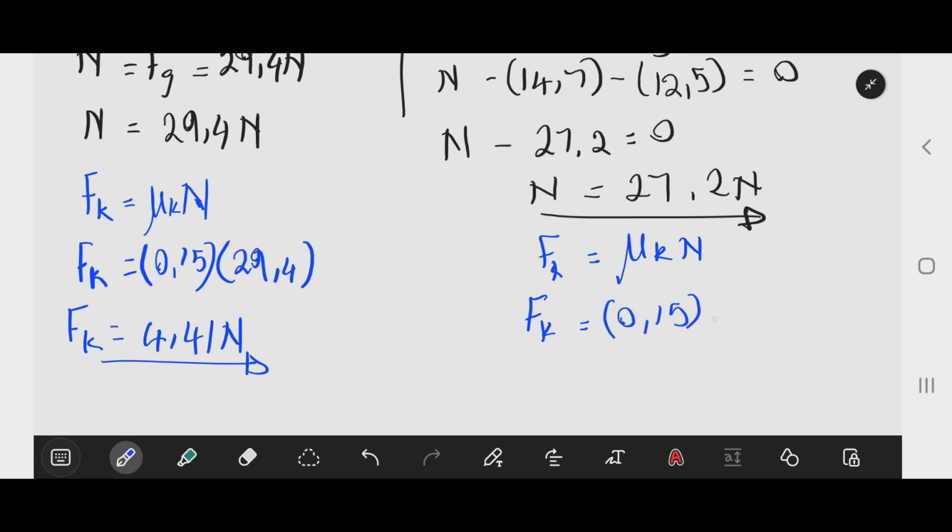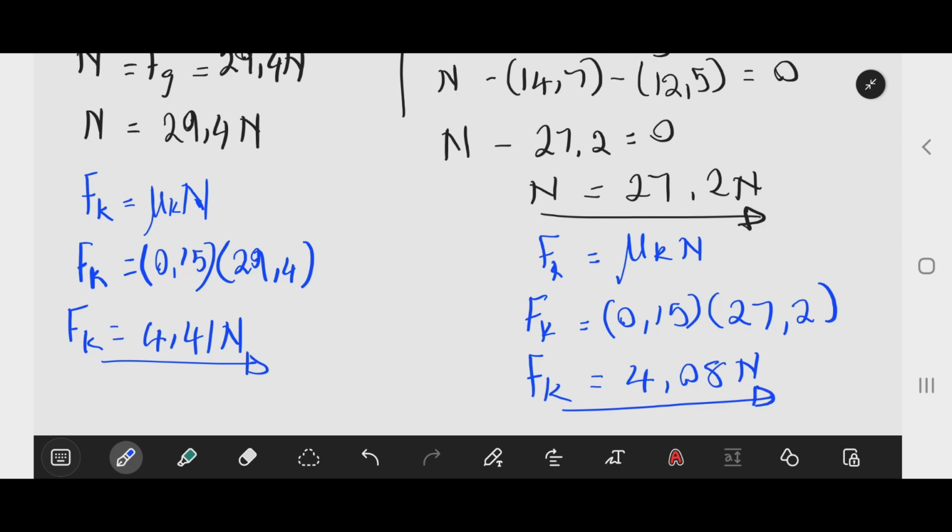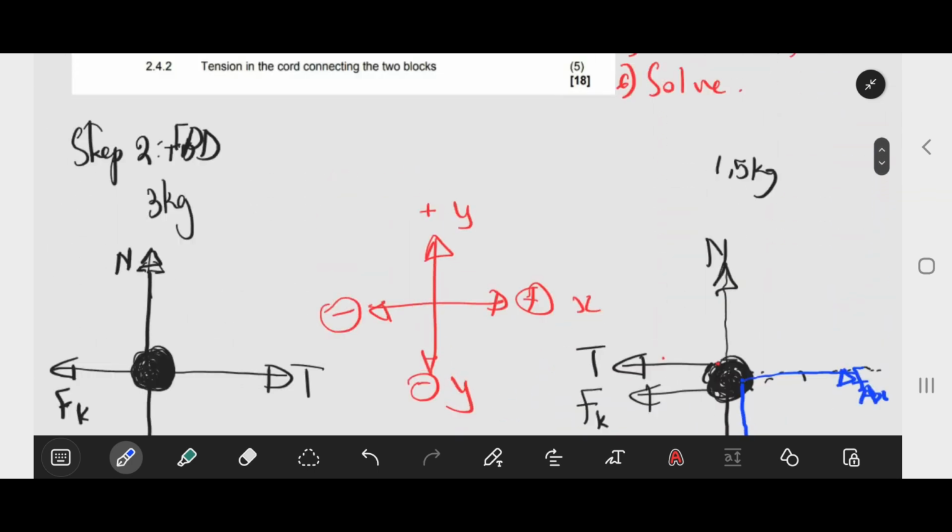So that is 0.15 multiplied by 27.2, and our frictional force answer is 4.08. So that is our kinetic friction for the 1.5 kg.